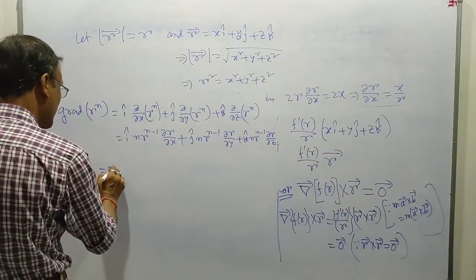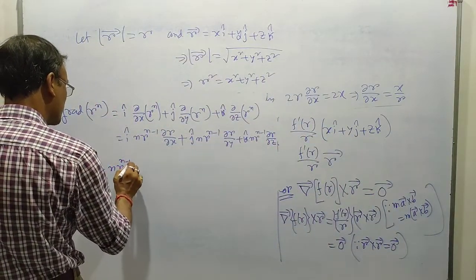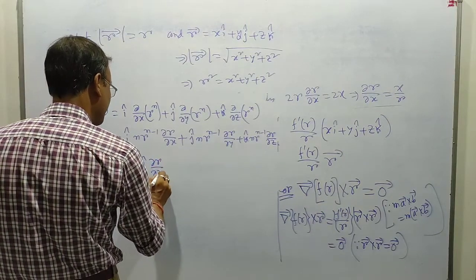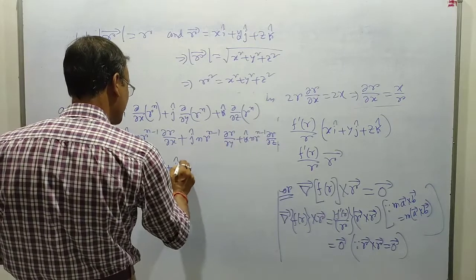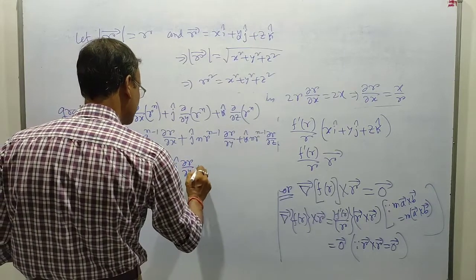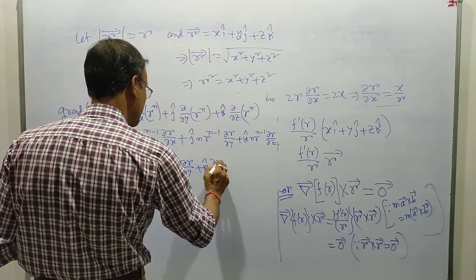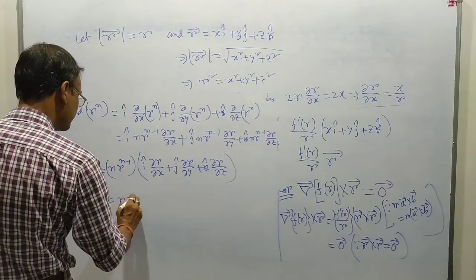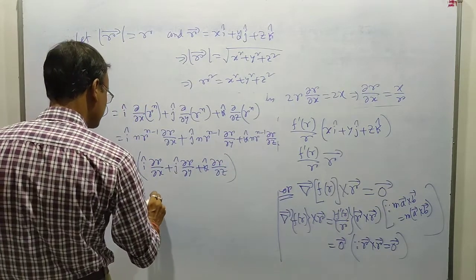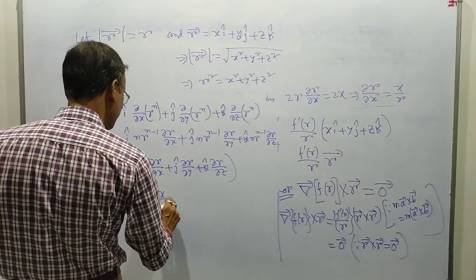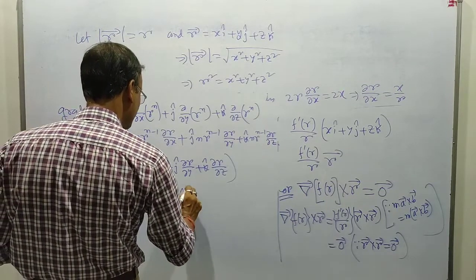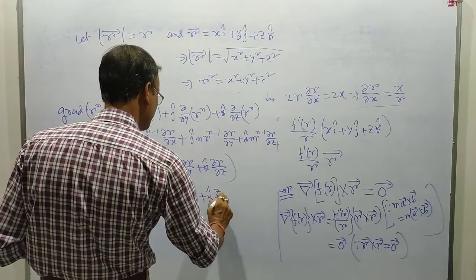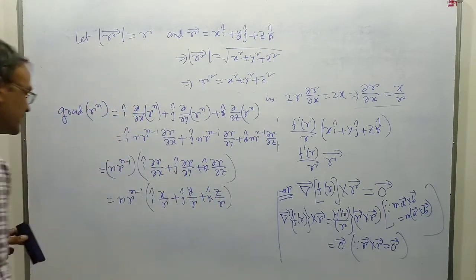This is equal to n R to the power n minus 1 into i cap delta R by delta x plus j cap delta R by delta y plus k cap delta R by delta z. That is x by R, y by R, z by R. You may write like this.